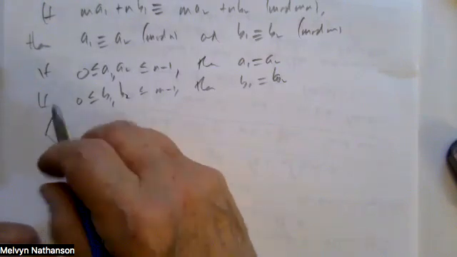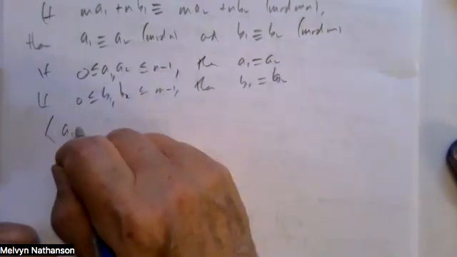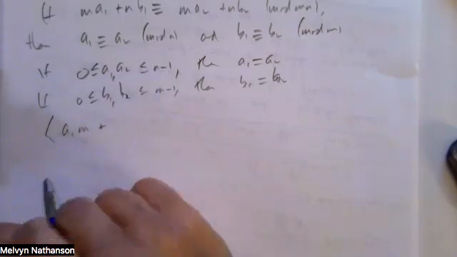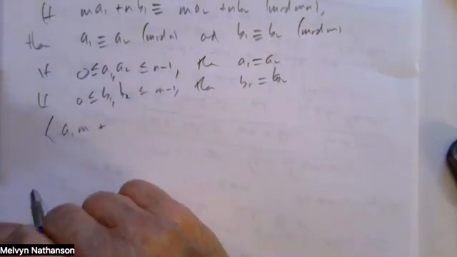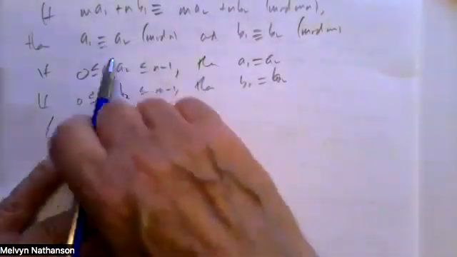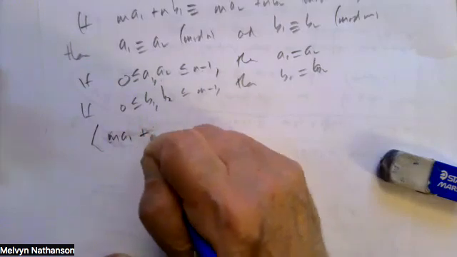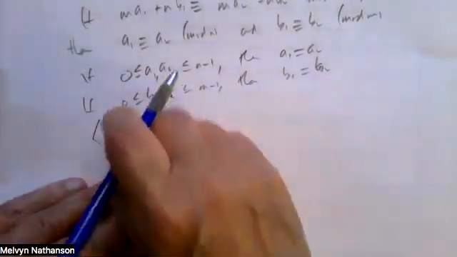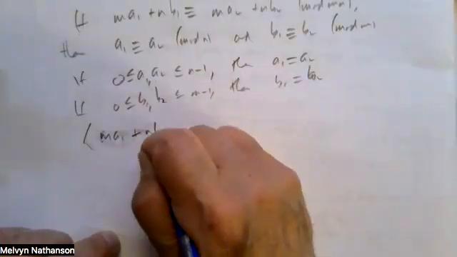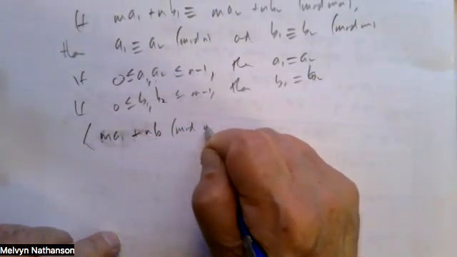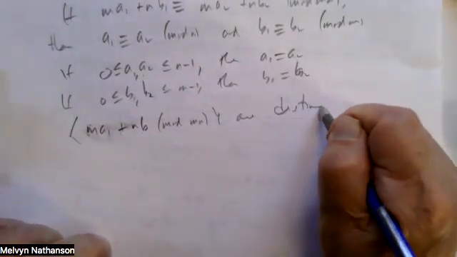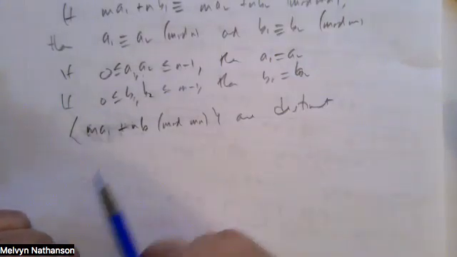So the numbers ma plus nb are distinct mod mn for a's and b's satisfying these conditions.